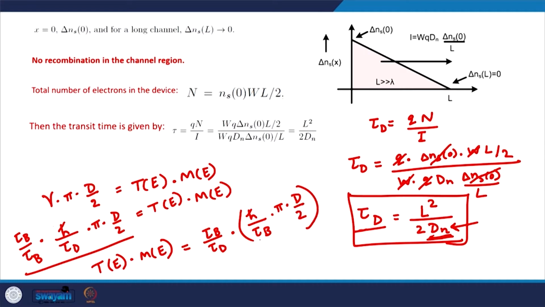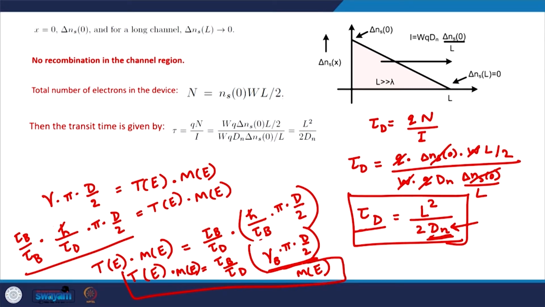Okay. So, this is the gamma in the case of ballistic transport, pi d by 2. So, all this is essentially the number of modes. So, this Te into Me is equal to this.